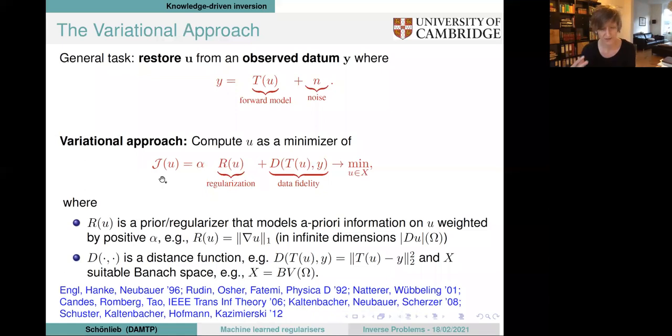And this is very natural for images, because very often in all the applications that I've shown you, images are reconstructed because you want to quantify something on the basis of them. And so edges are super important for doing this. Okay. So, and the total variation, of course, is just one example.